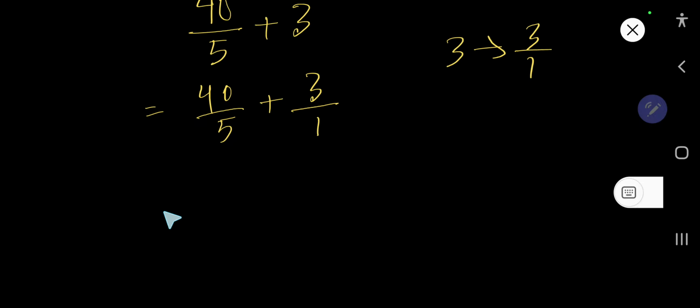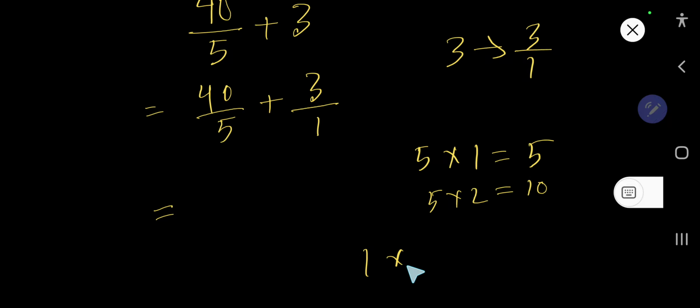Now your second task is to make a like denominator. Here 5, here 1. So we need the same denominator. That is why we look at the multiples of 5 and 1. The multiples of 5 are 5, then 10.